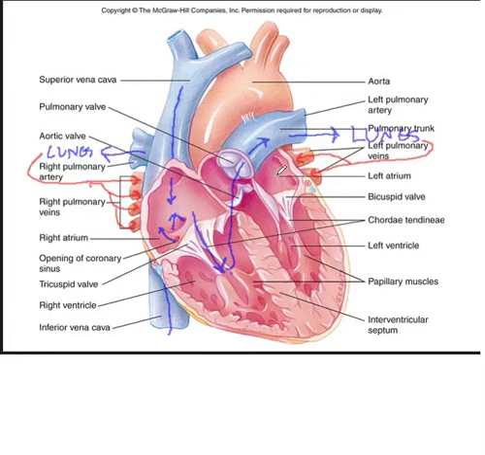And will enter the left atrium. So oxygenated blood will come in here and fill this chamber from both sides. It's kind of hard to see here, but that's the left atrium filling up with blood coming from the left and the right pulmonary veins.